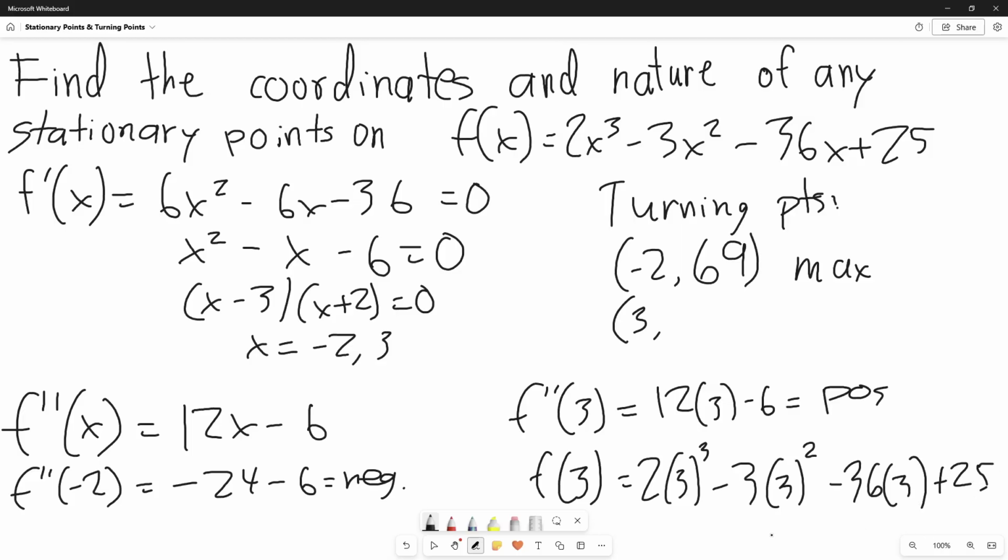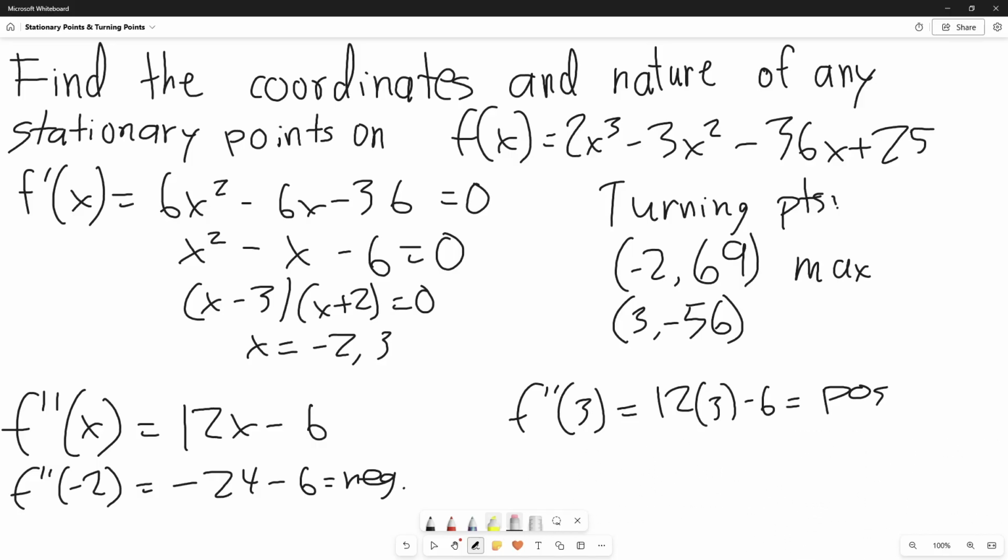If you do the math for this one again, you get -56. So that means our y value at 3 is -56. And because we figured out that the second derivative at 3 is positive, that means it's concave up, which means that we have a minimum at 3. And so, yeah, that's our answer.